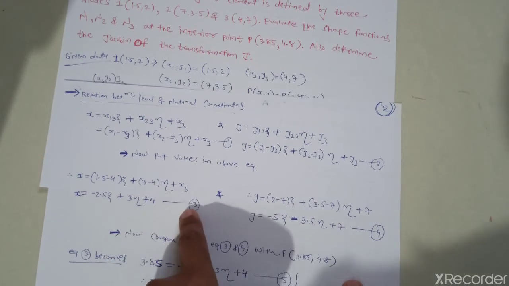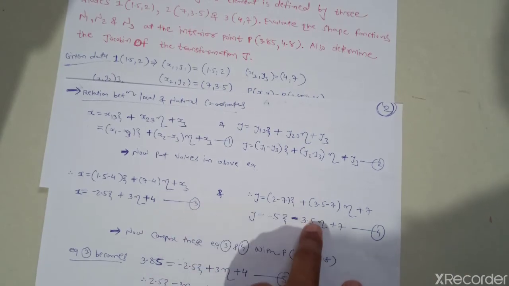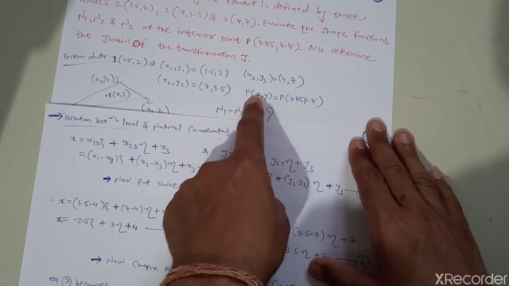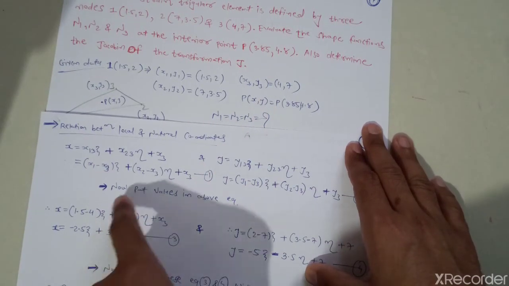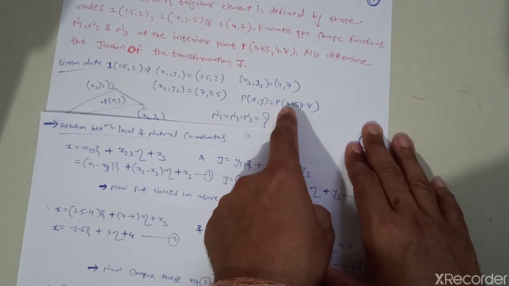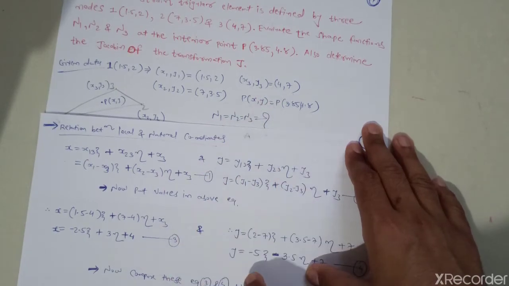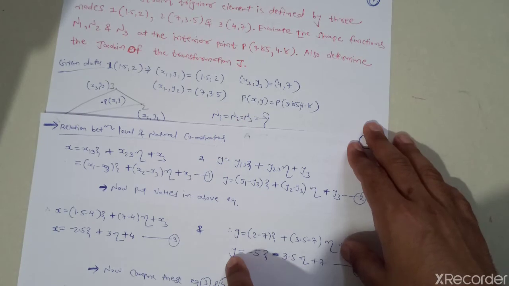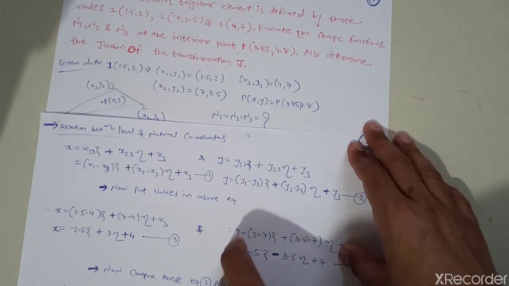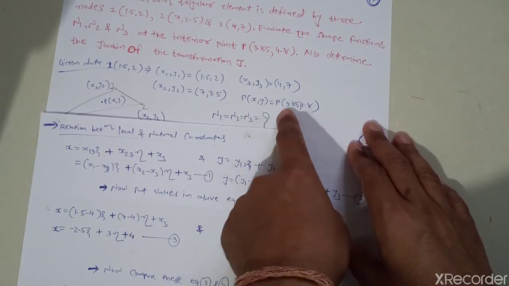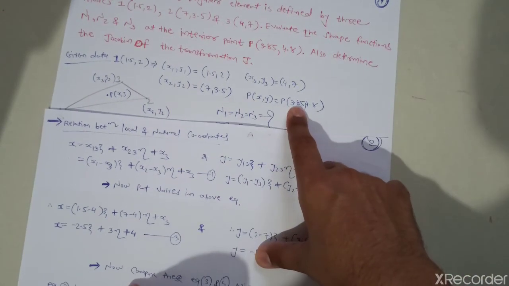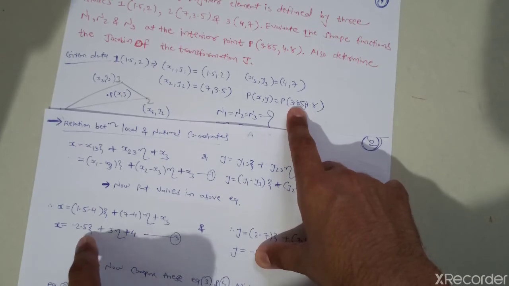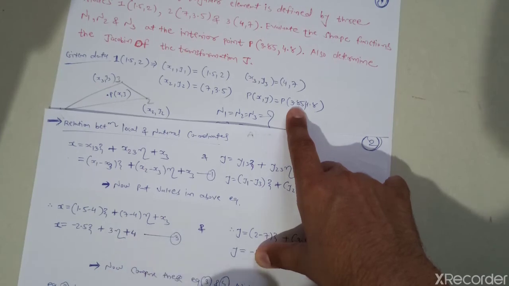Now we compare equations 3 and 4 with P(x, y). We compare the x coordinate of equation 3 with the x coordinate of P, and similarly the y coordinate of equation 4 with the y coordinate of point P. So 3.85 is equal to minus 2.5 zeta plus 3 eta plus 4.